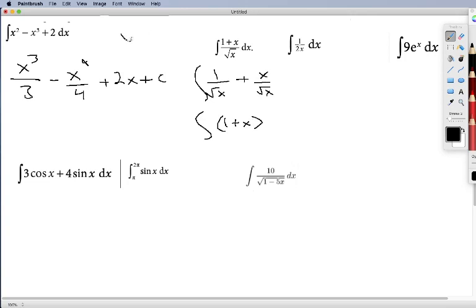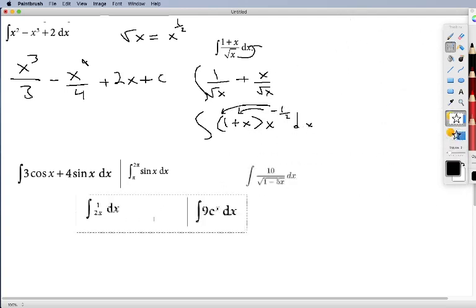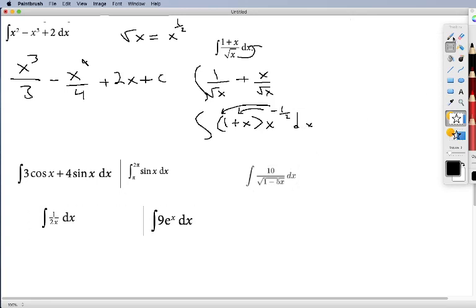So normally we already know that the square root of x is equal to x to the 1/2. So we can bring that up here. So we have x to the minus 1/2. And then from here, what we can do is we can distribute the x inside these brackets like so.